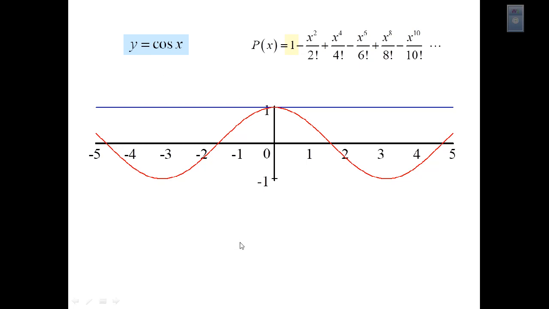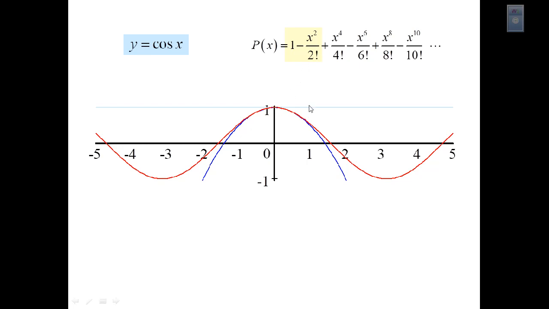It's just a constant. Now if we add the 0 through the second degree, we're going to get a polynomial, in this case a parabola, that's going to open down just like that, based at 0, so it's really close there.